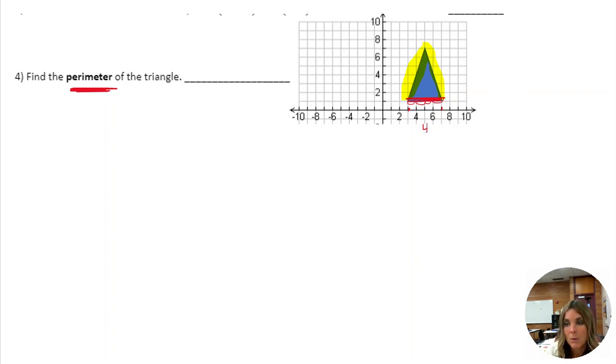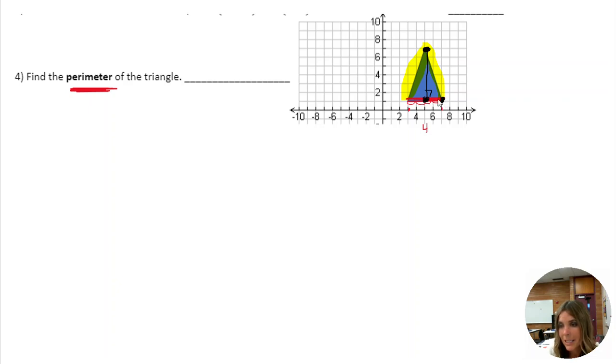So in order to find that side length, we're going to split this triangle up the middle, and we're going to make this a right angle, which is now going to give us a right triangle. So this distance right here, from here to here, that's going to be one of the legs of our right triangle, and then from here to here is going to be another one of the legs.